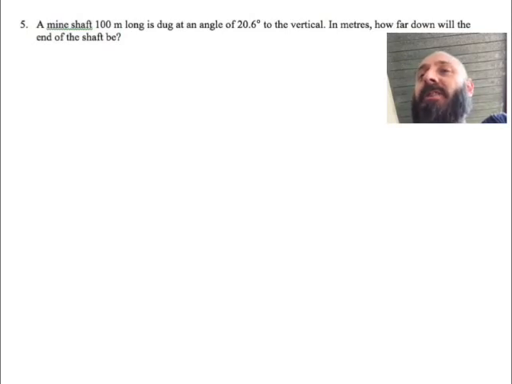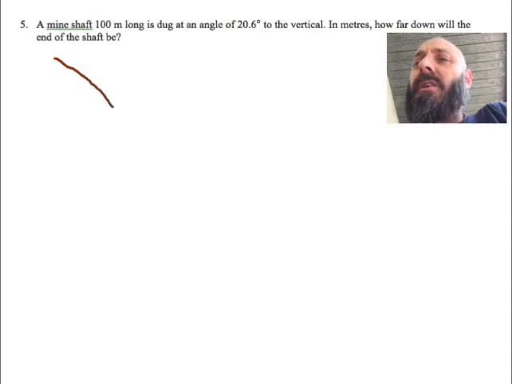This first one, a mine shaft 100 meters long is dug at an angle of 20.6 degrees to the vertical. So I had to think about that, but what that means is I'm digging a mine shaft and miners are working really hard.